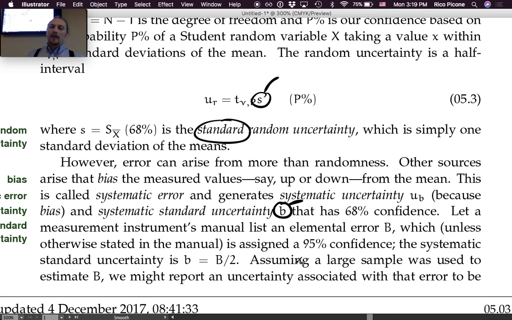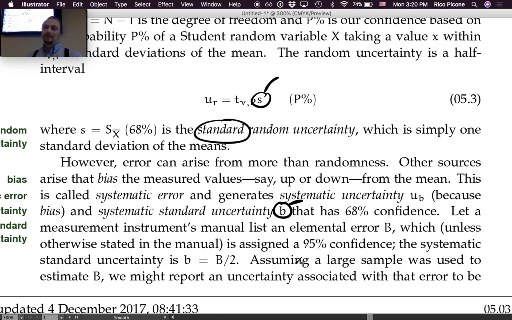Let a measurement instrument's manual list an elemental error B in it. So just consider this, which, unless otherwise stated in the manual, is assigned a 95% confidence. We will assign a 95% confidence because that's a pretty standard value of confidence to give. So if you report in a manual an error, we hope that you would adhere to that sort of convention.